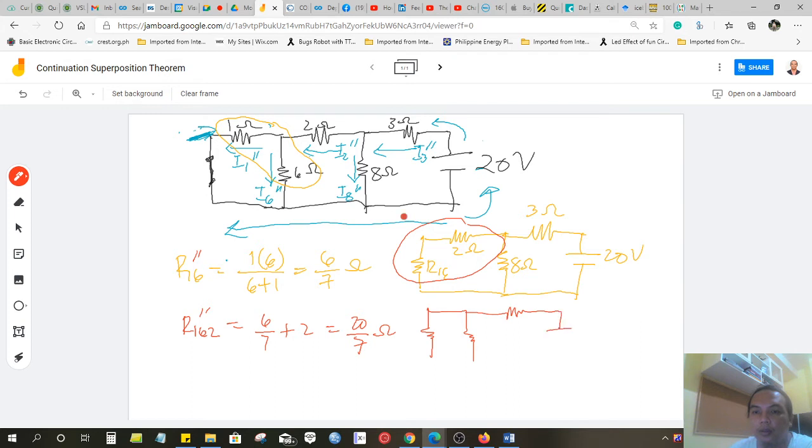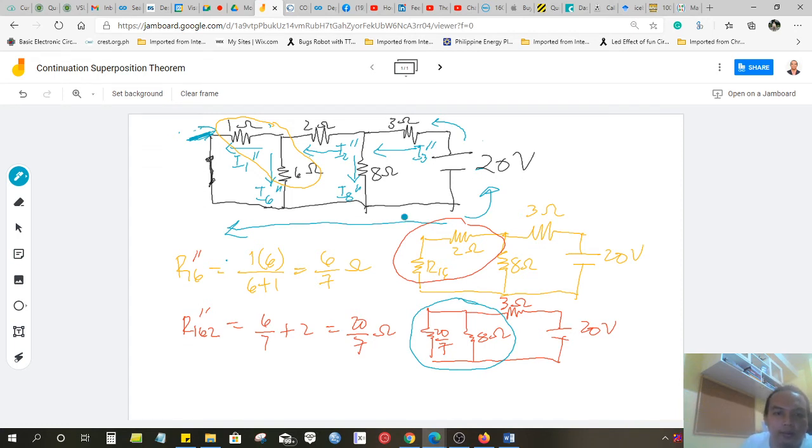Ana. This is 20 volts, 3 ohm, 8 ohm, then 20 over 7. So, kanina pod, parallel na sad. Parallel na pod. Yun silang duha. Sabot pa sabot.